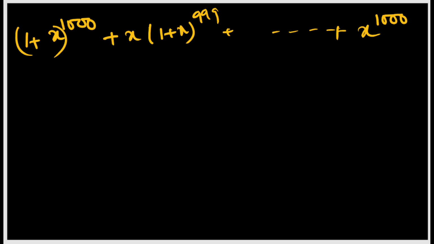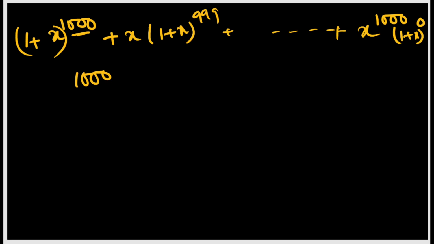First, find the number of terms involved in this expression. The first term's power is 1000 and the last term, x^1000, has (1 + x) to the power 0.